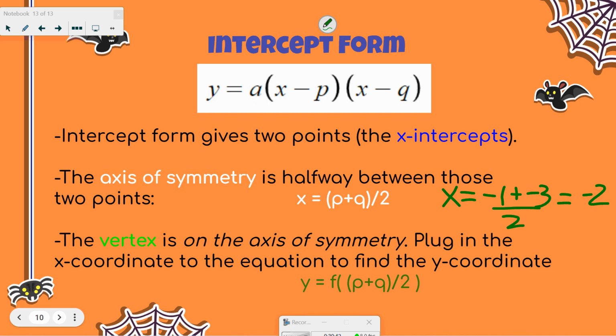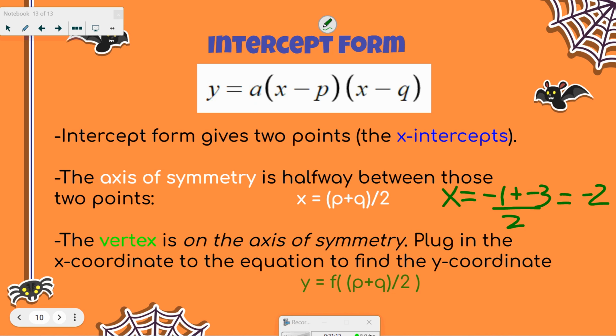How can I find a y value if I know an x? That would just be finding an intercept. But just in general, anytime I want to find the output, I know the x value. How can I find the output? What would I do? Exactly, just plug it into the function.